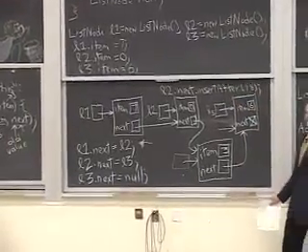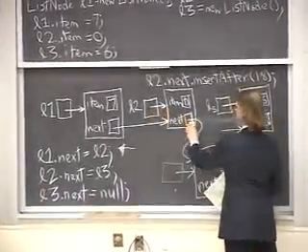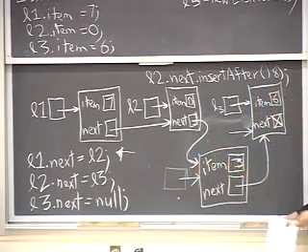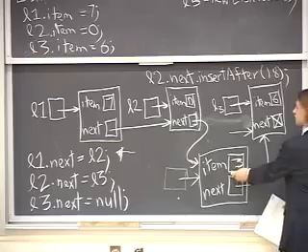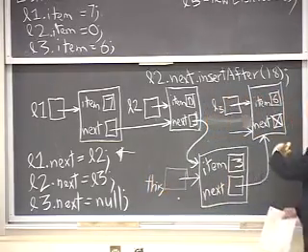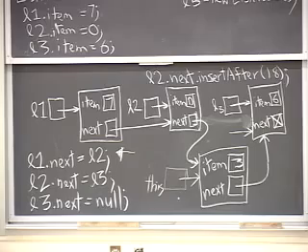So what does this do? It looks up L2.next, which gives us this reference here, and then it calls insertAfter on this reference. And so now you can insert something after this node in that way.